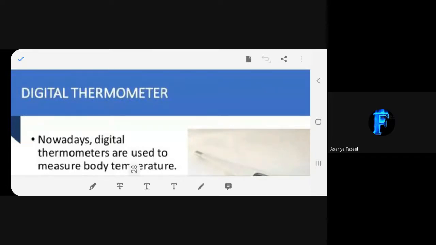Besides the human body, what are the objects present in the world? The laboratory thermometer can take the temperature of those objects. What I taught you just now.